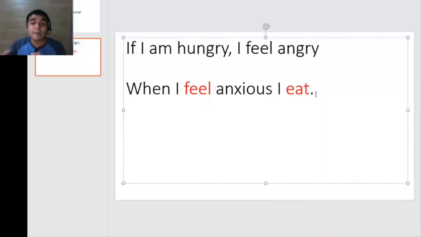I'm talking about what is true about myself, so there's no condition. That is what always happens, so we call this one zero conditional. Keep in mind the grammar structure: simple present tense in the if clause, in the condition, and simple present tense in the result. We use this to talk about something that is always true.